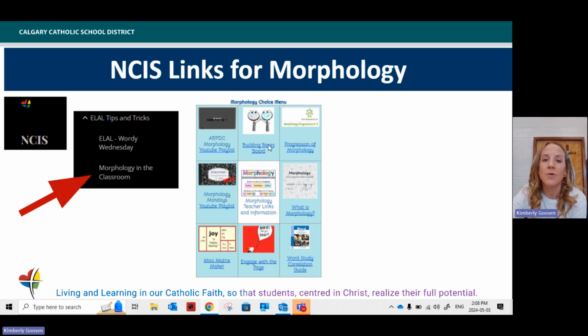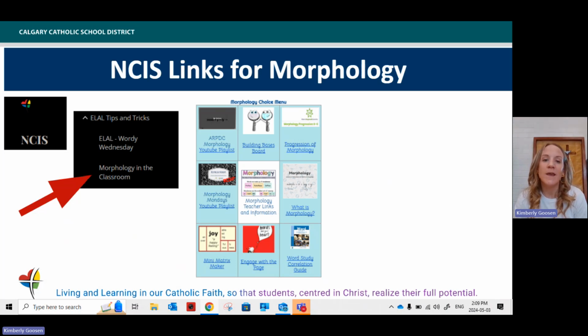There's that building bases board from that Engage with the Page mentor text website I was talking about, and there's a link to that as well. There was also a word study correlation guide that was done with our curriculum for just that specific derivational relations book. So if your teachers are trying to dive into it, they could even just do it as a whole group and hit some of their curriculum with the specific lessons that I've outlined.